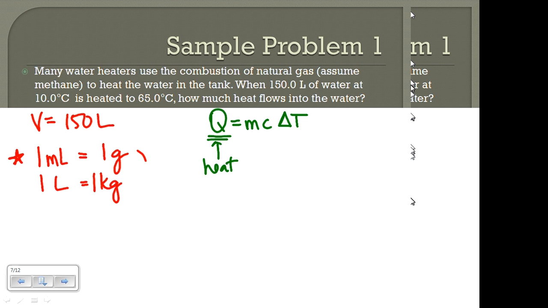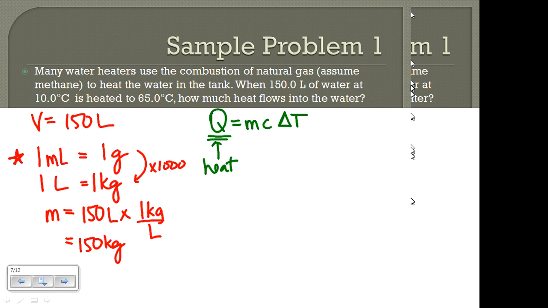I basically multiplied by 1,000 to get that. Now that I have my volume, I can figure out my mass of water. My mass of water is going to be 150 liters times 1 kilogram per liter of water. So I get 150 kilograms of water. And I just move this over here.